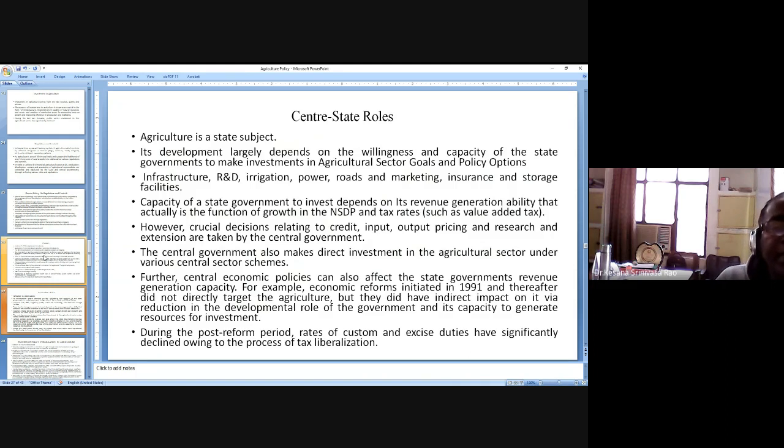Yes, center-state roles. As I have already told you, agriculture has been left to the states, it is a state subject, but the center also has to play some role.